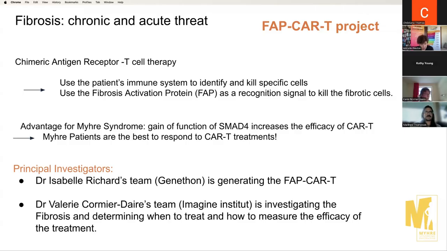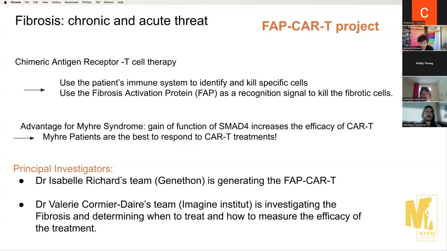For Myhre syndrome, the cells we want to kill are the fibrotic cells. So we use a recognition signal, which is a protein called fibroblast activation protein, the FAP. We put that in the immune cell of the patient so that those cells can recognize which type of cells to kill. And for Myhre, that will be the fibrotic cells.